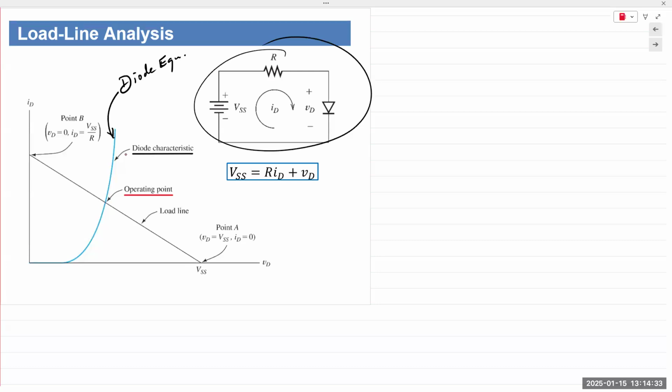Graphically, it means that the coordinates of the operating point give me the values of the diode voltage and diode current.